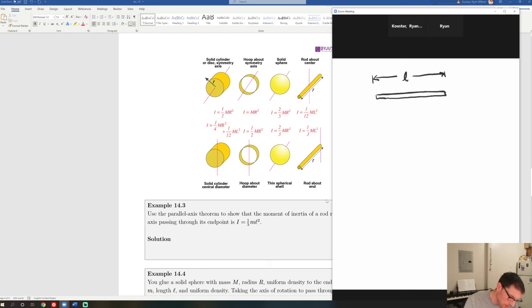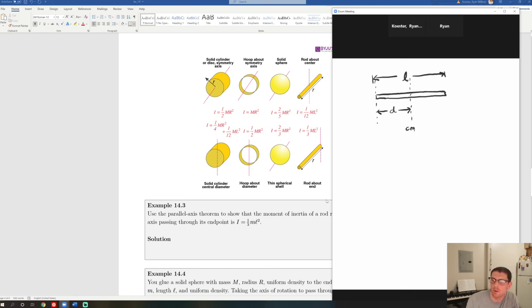So the center of mass axis is going to pass right through the geometric center of the rod, right? So we could say center of mass axis. And the primed axis is going to be at the rod's endpoint, right? And obviously you could have chosen the right endpoint, it doesn't matter, it's all symmetric. And we note that this is d, right? Because we're taking the axis from the center of mass and we're shifting it to the left, right?